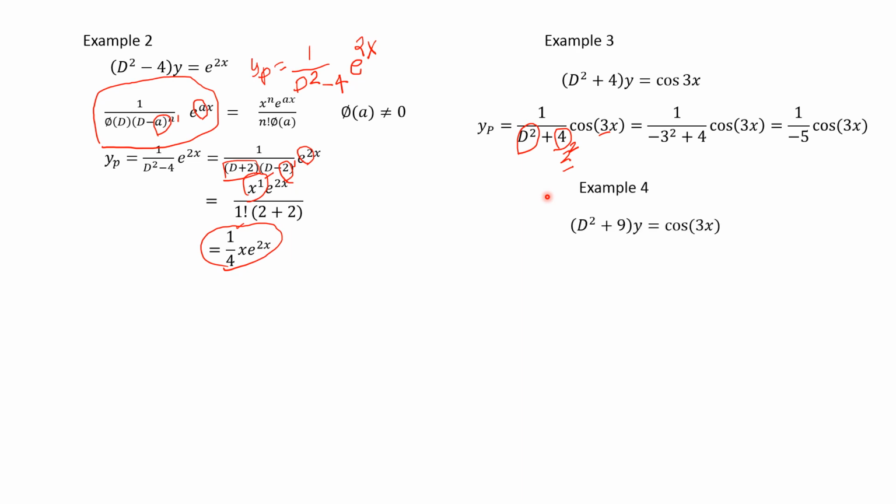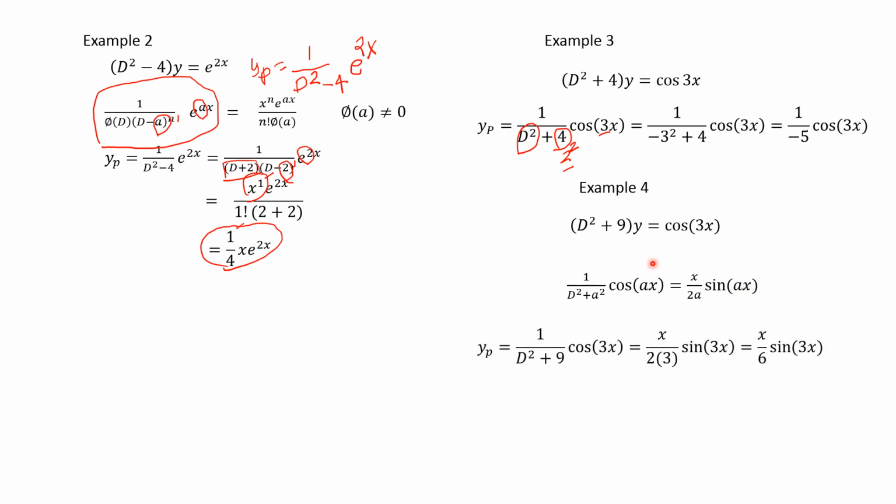What about this one? (D squared plus 9)y = cosine 3x. Now remember this formula: 1 over D squared cosine ax is the same as x over 2a sine ax. Your particular solution is 1 over D squared plus 9. This 9, remember, is the same as 3 squared.